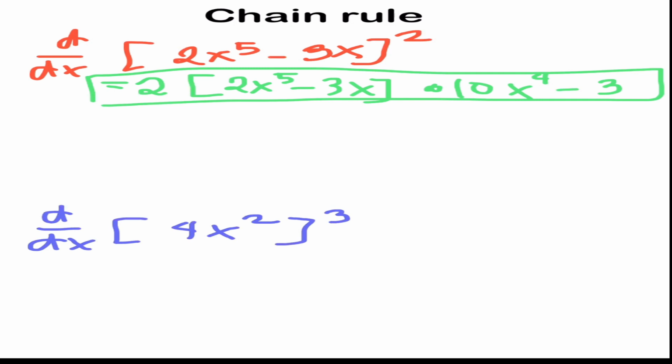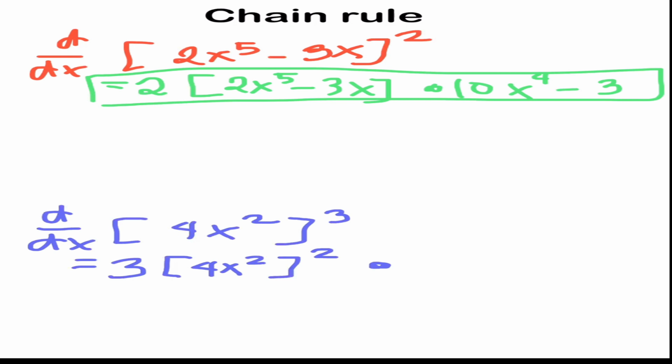Next, we have 4x squared raised to the third power. So bring down 3 times, copy the inside, which is 4x squared raised to the third power, but we are going to subtract 1 from the exponent. So 3 minus 1 is 2. Multiplied by the derivative of the inside. So what is the derivative of 4x squared?